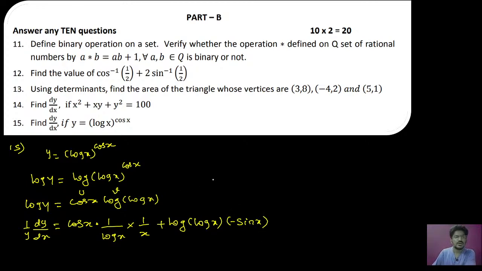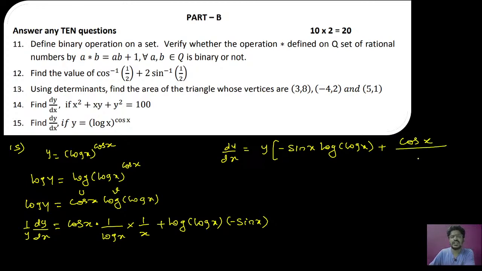Okay. So now you can just see dy by dx will be equal to y multiplied with minus sin x into log of log x plus, you can write it as cos x divided by x log x.